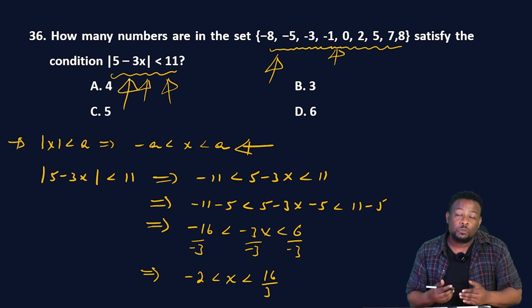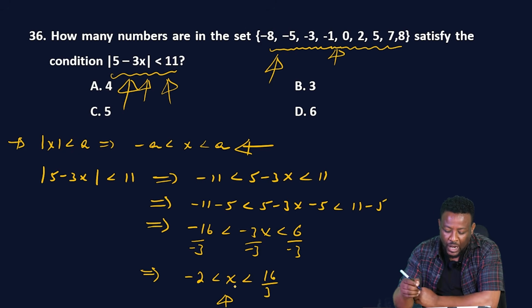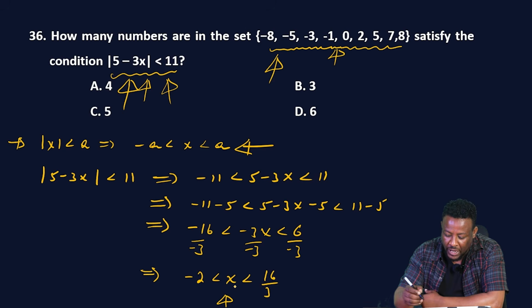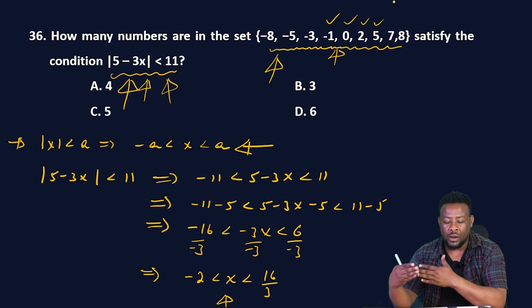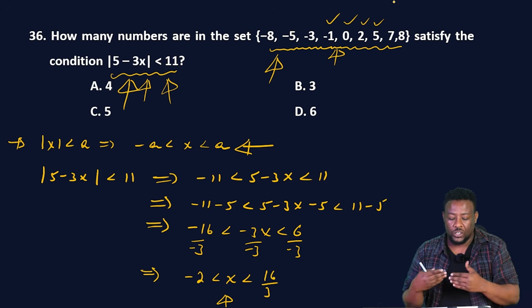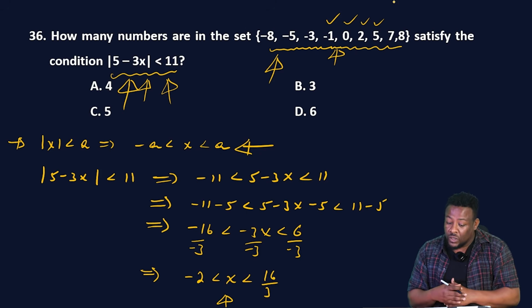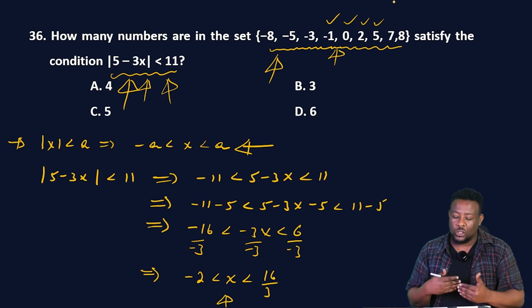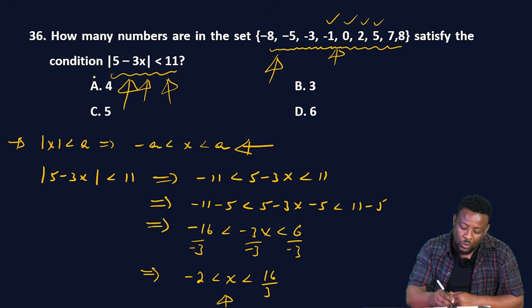Okay, so x is between -2 and 5 point something. ኦኬ, ስለዚህ x ሊሆን የሚችለው ከተሰጠን ሴት ውስጥ በ-2 እና በ5.3 መካከል የሚገኝ x values -1 አለ፣ 0 አለ፣ 2 አለ፣ 5 አለን ማለት ነው. ስለዚህ 4 x values አሉን ማለት ነው. ሶ 36ኛው ጥያቄ መልሳችን የሚሆነው a ነው ማለት ነው.